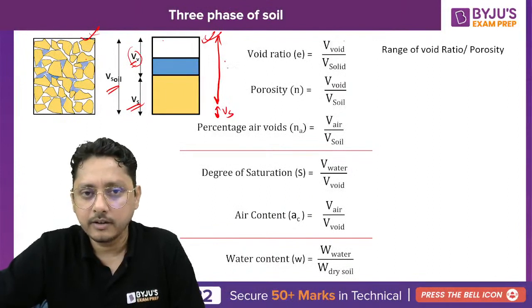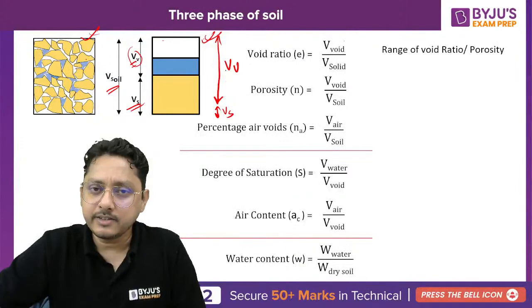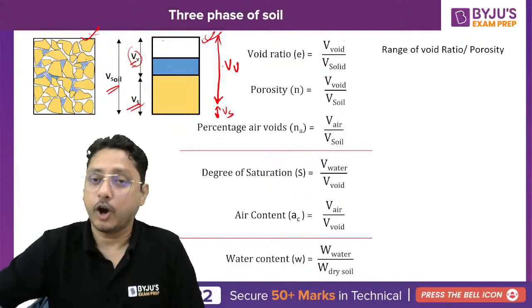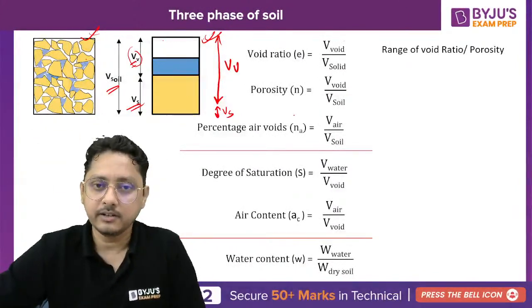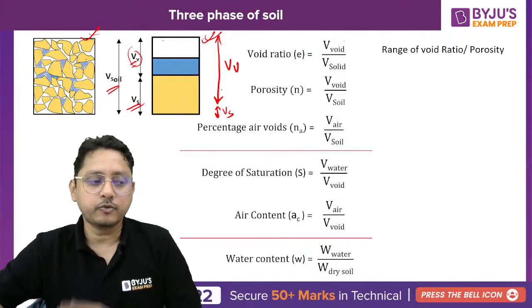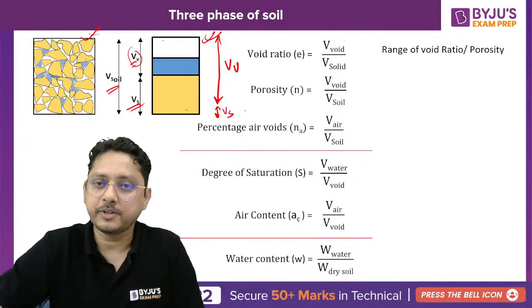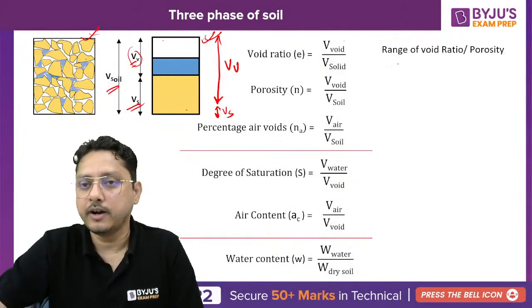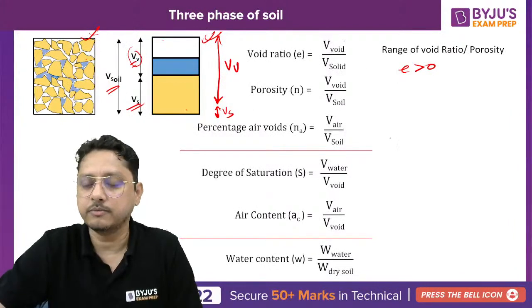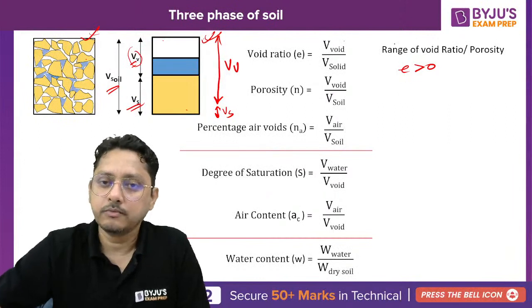If the volume of void increases enormously, it can go beyond 1. Volume of solid may get reduced continuously, until a very small volume of solid is present. So the void ratio has a range greater than 0. It may be greater than 1, greater than 2.